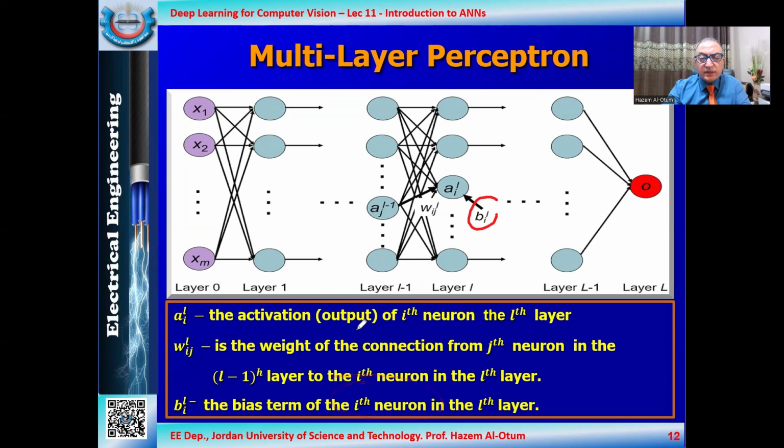We are on layer L, and we have the neuron i, and the bias will be b subscript i, superscript L. This notation can be repeated. You may use other notations or symbols, however the main idea is very clear, as you see in this slide.